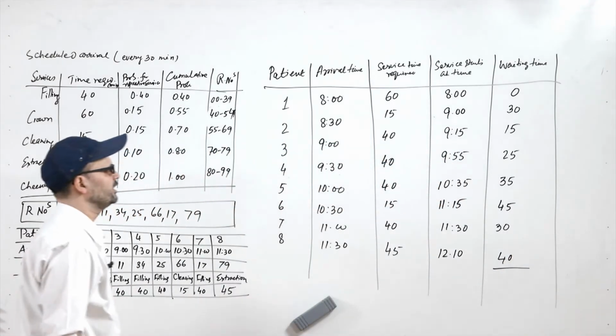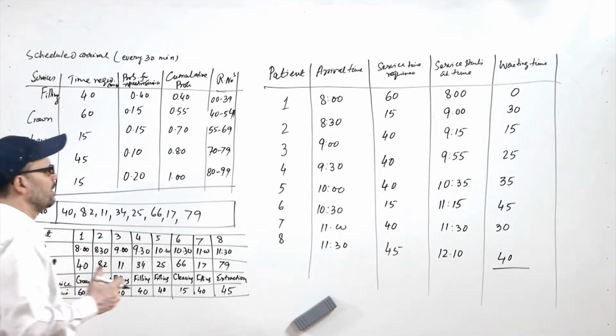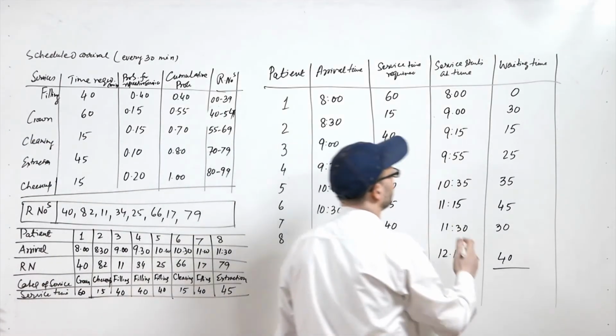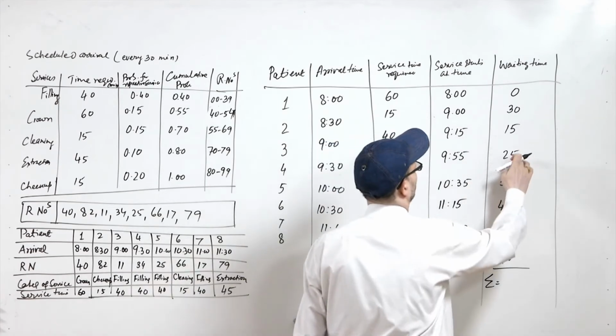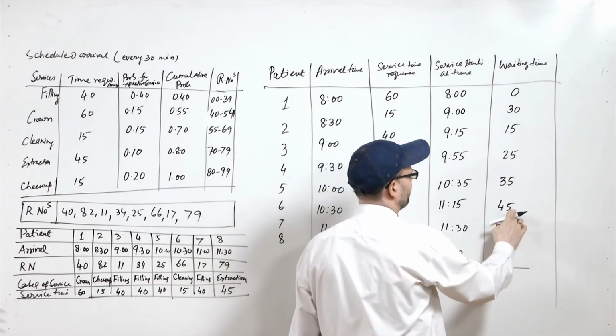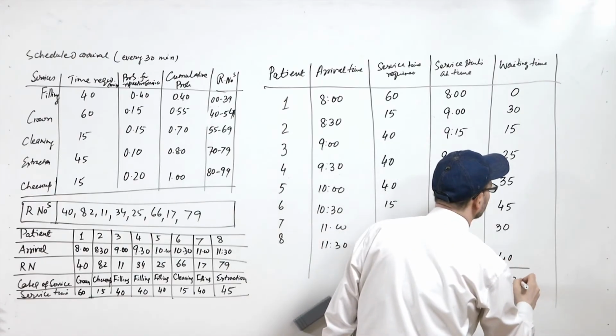So, what we see is that the different customers have to wait for different amounts of time. Now, if we take the total waiting time, it will be 45 plus 25, 70, 105, 150, 180 plus 20, 220 minutes.